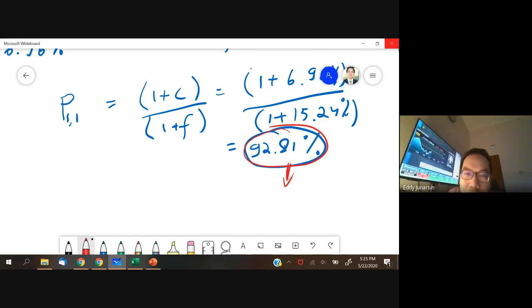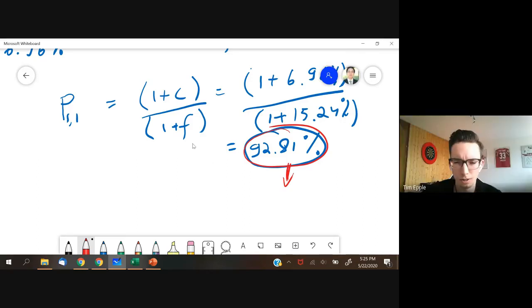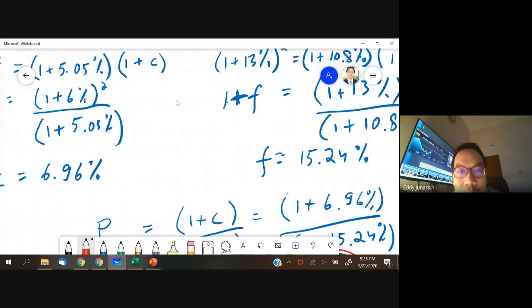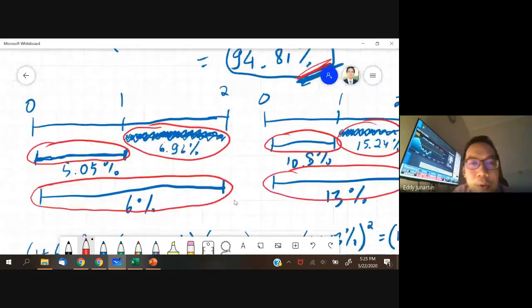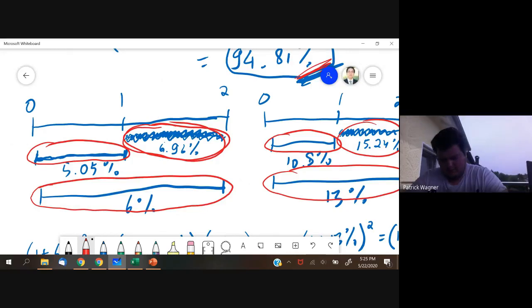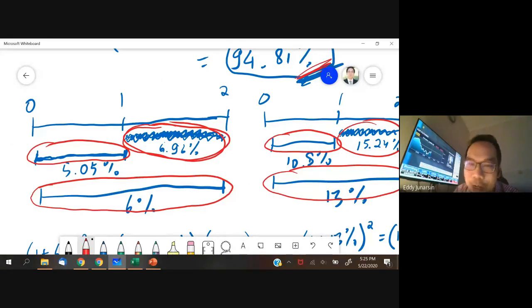Can you repeat again? What is the period here? Probability of default for what period? I think this one was for 1 year. Yes. 1 year, but where is it? From now on. 1 year from now. Yes, 1 year, but 1 year from now.